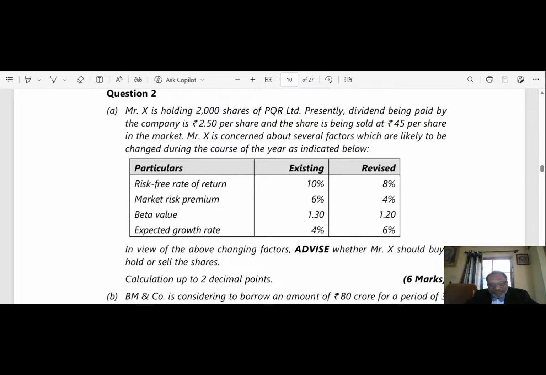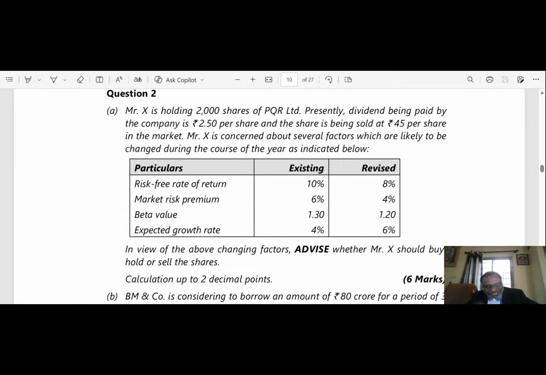He has already given the market risk premium. We are doing it in a different mode. So already RM minus RF is given in the problem. My dear friend, this is RM minus RF. This is called RM minus RF.